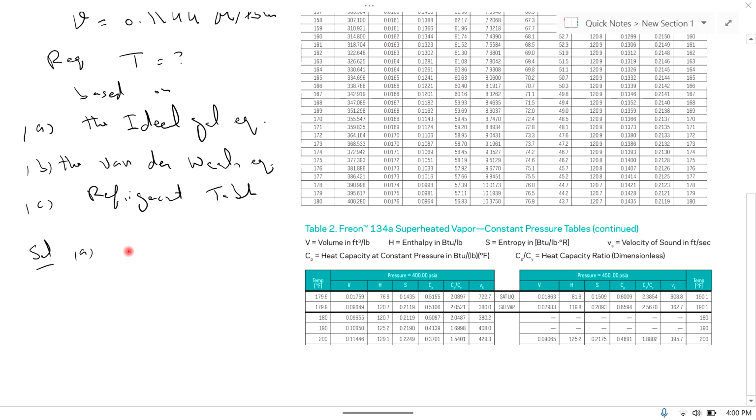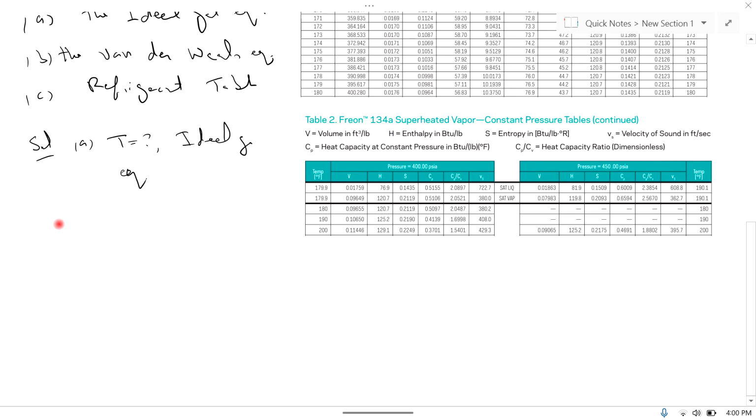Number A, we will find T by using the ideal gas equation. According to the ideal gas equation, PV is equal to RT.